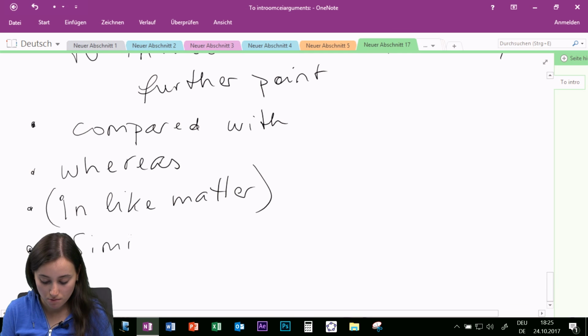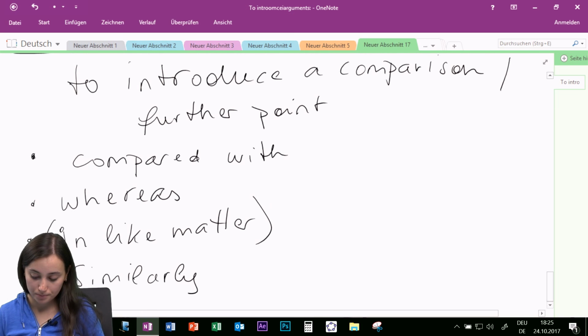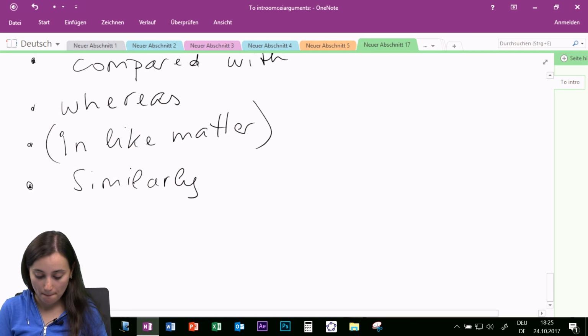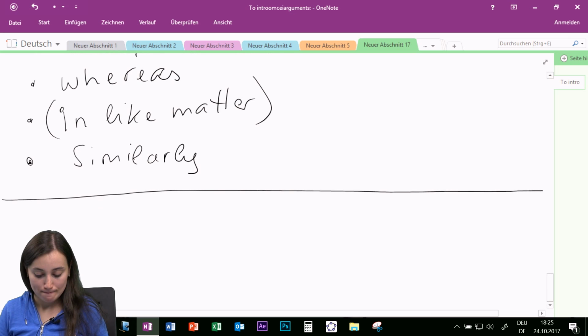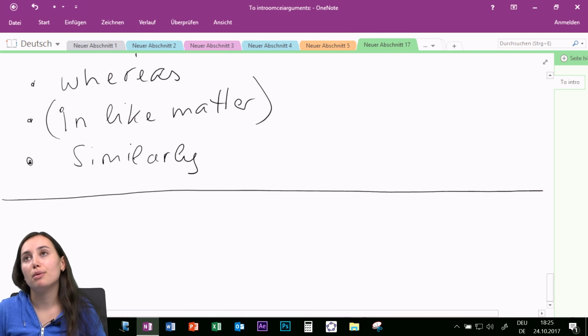Similarly, okay. For example, the term tourism in general has a good connotation, whereas the term mass tourism is usually connected with kind of a negative meaning.